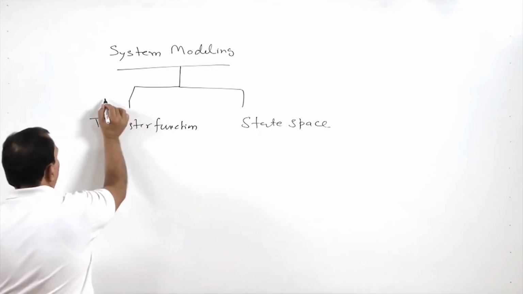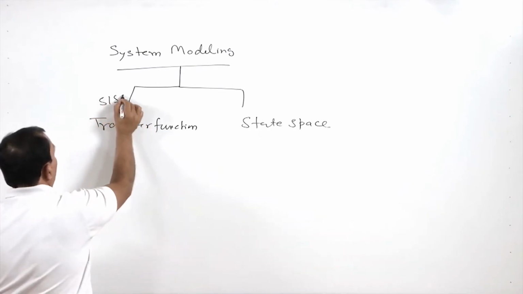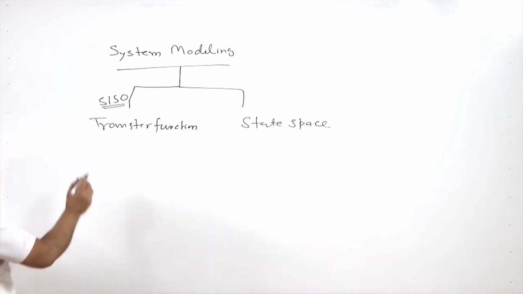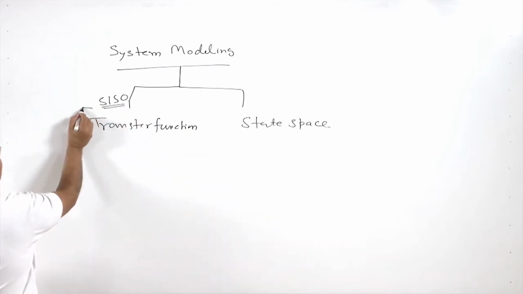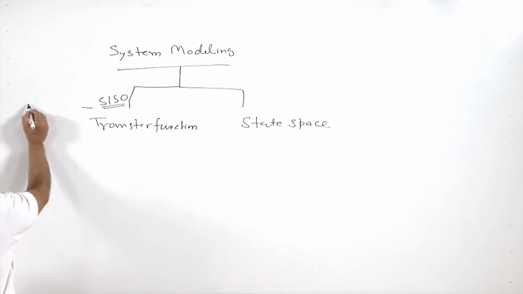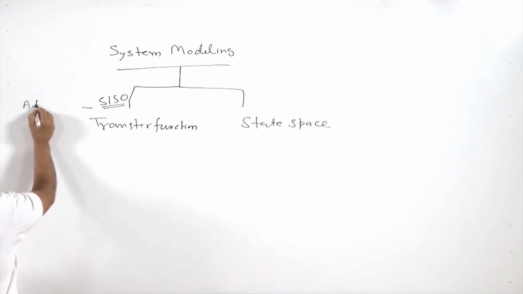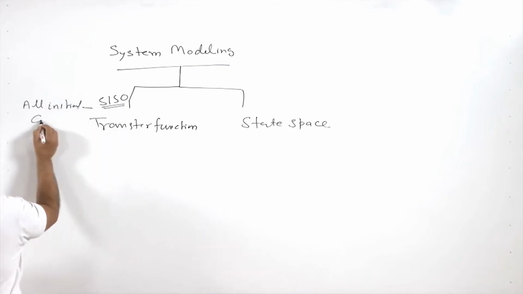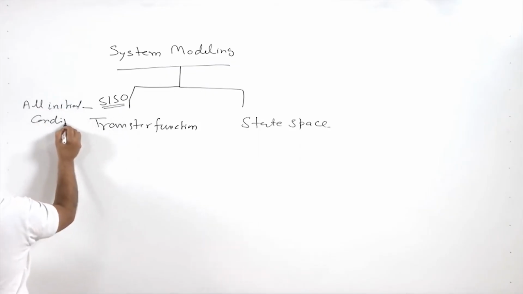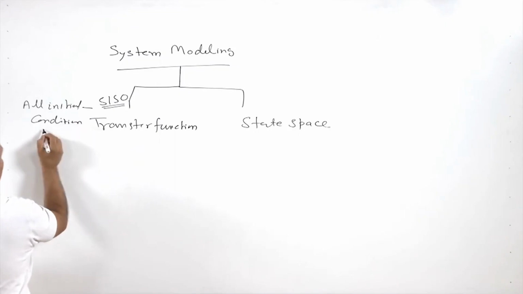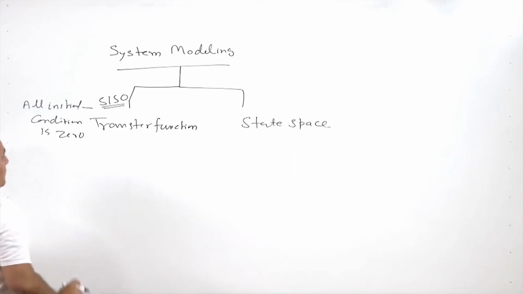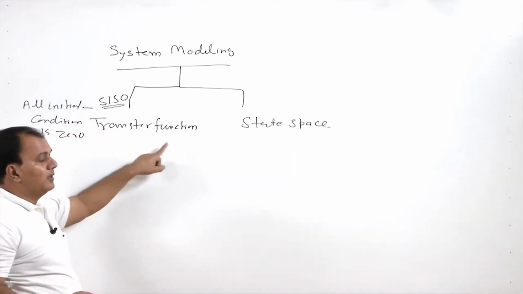A transfer function model is normally of single input single output, with all initial conditions 0. So, with this we can model a system in transfer function.